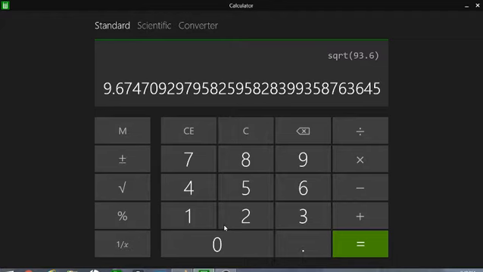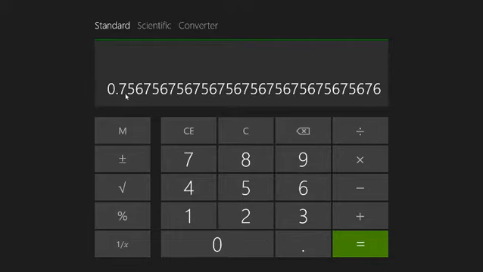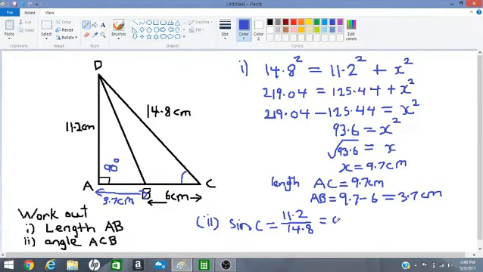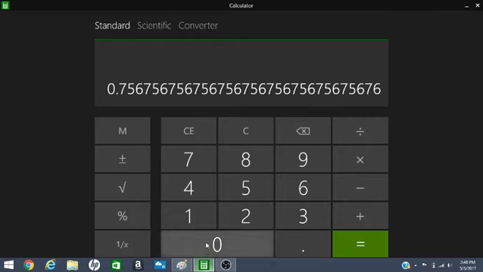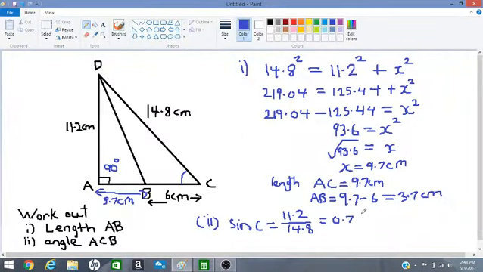11.2 divided by 14.8. 0.757 to 3 decimal places. Let us use 3 decimal places. Remember to use 3 decimal places when finding trigonometric ratios.